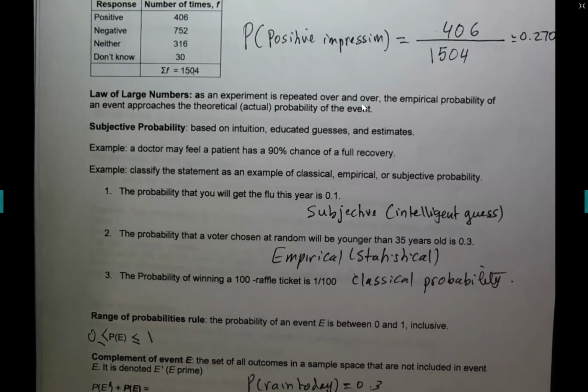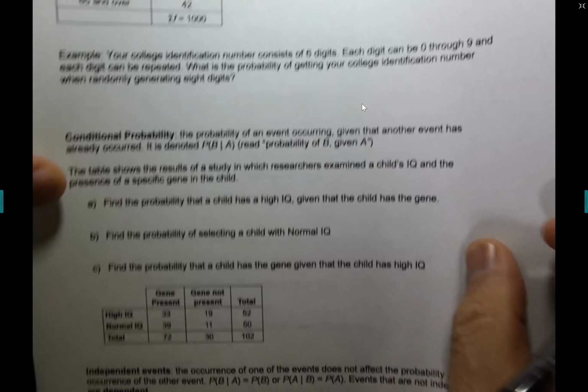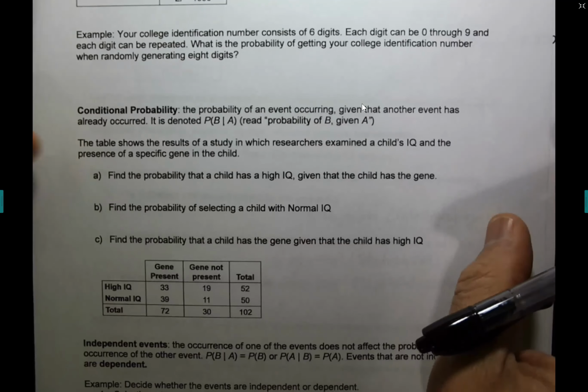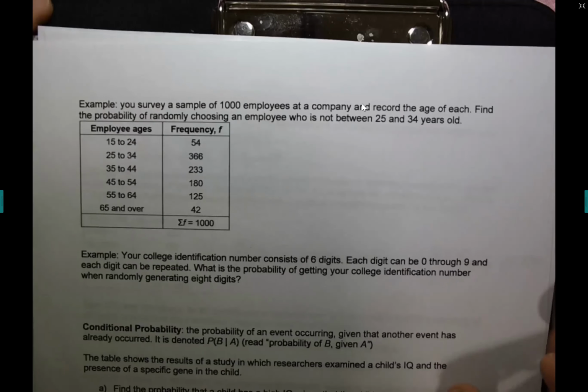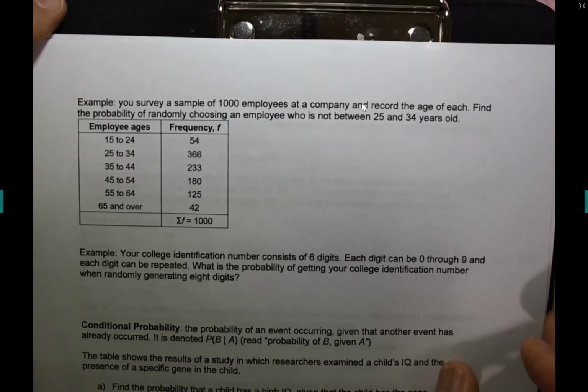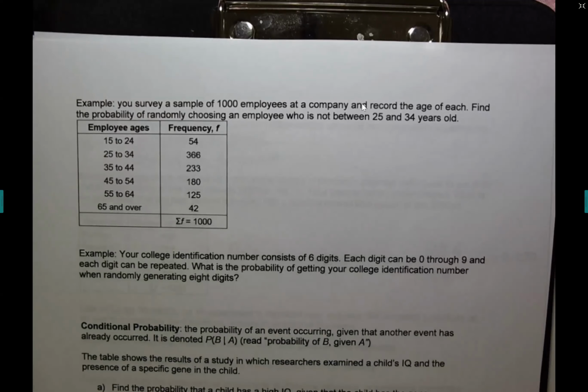Let's do this question together. I'll bring the screen. All right, guys. You survey a sample of 1,000 employees at a company and record the age of each.